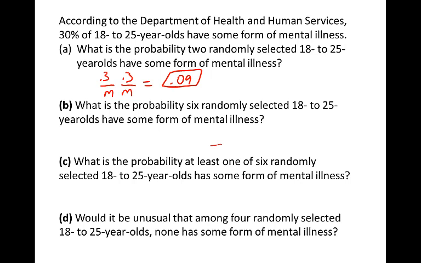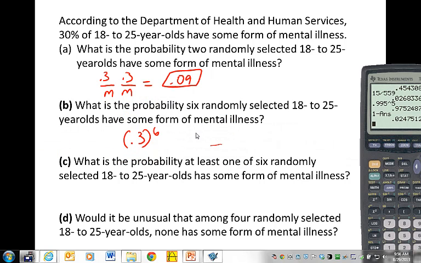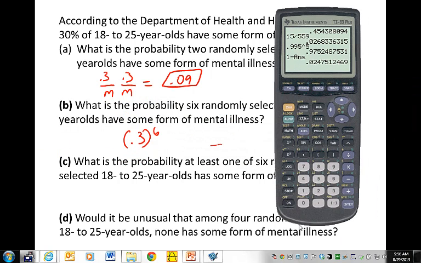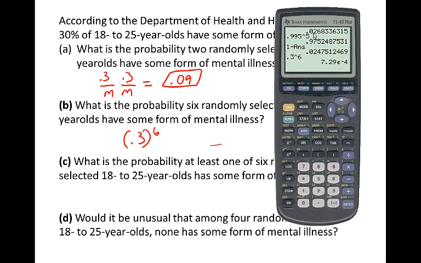So what is the probability that 6 randomly selected 18 to 25-year-olds have some form of mental illness? So very similar, right? This is going to be 0.3 to the 6th power. Cannot do that one in my head, so let's do 0.3 to the 6th. Okay, so this is 7.29 times 10 to the negative 4.